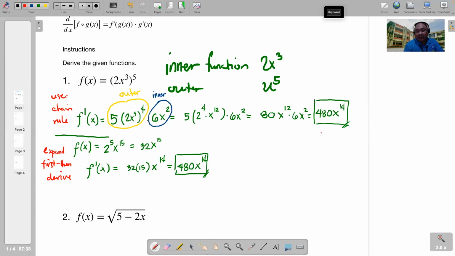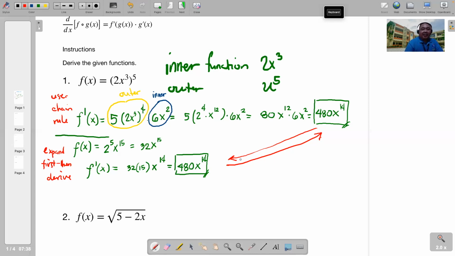You get the same answer whether you use the chain rule or you do an expansion first and then the derivation that follows after. It's good if the function that you're dealing with can be expanded first before deriving, but not all functions can be done that way, and therefore you would need to use the chain rule.